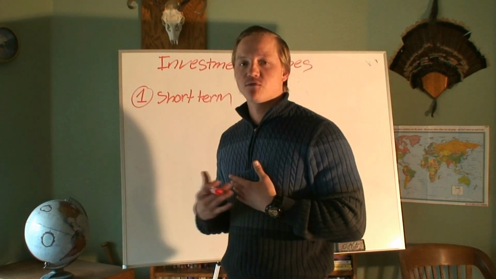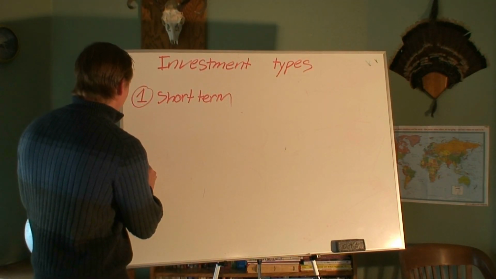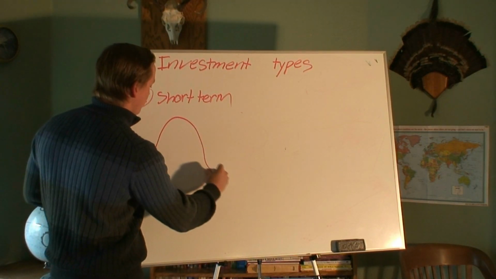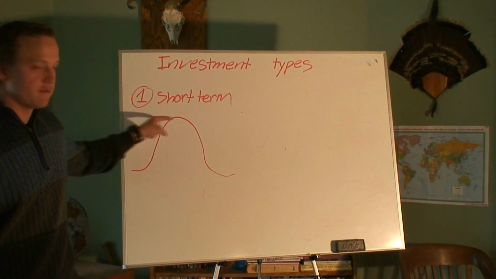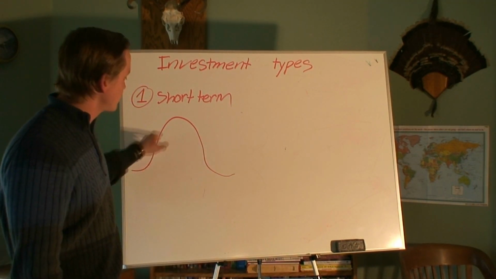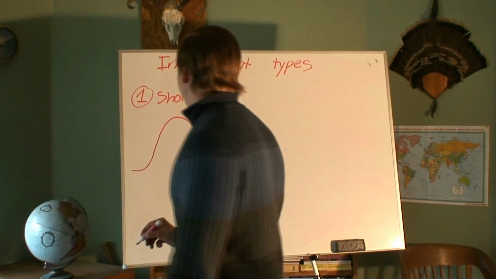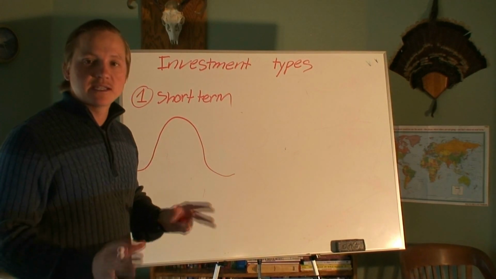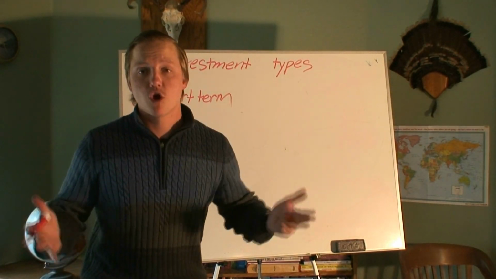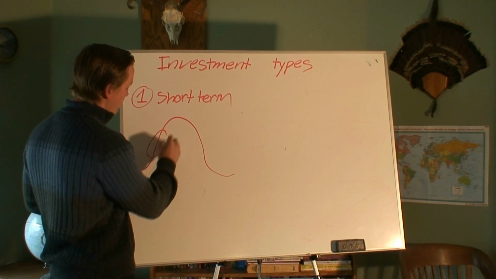We don't know the future, and like we've been over, a bell curve is kind of what the market does. It goes through recessions and it goes through up times, okay? Most experts say, and again, no one knows if this is true, but the consensus is that right now we're here.